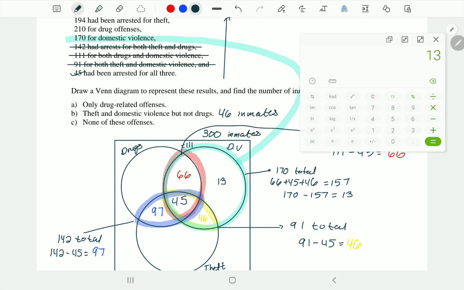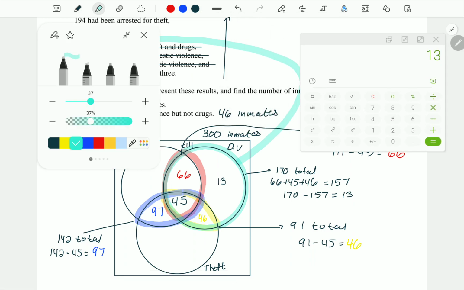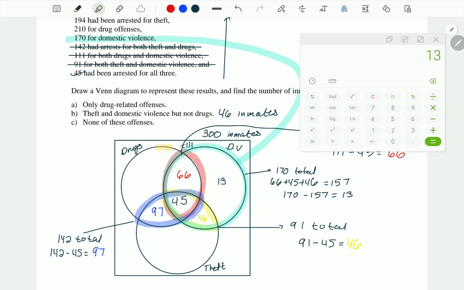210 have been arrested for drug offenses. We'll put that in orange. It didn't say drugs only. It says 210 in total have been arrested for drug offenses. So that means this circle must add up to 210. 210 in total. We can just add the 66 with the 45 with the 97.